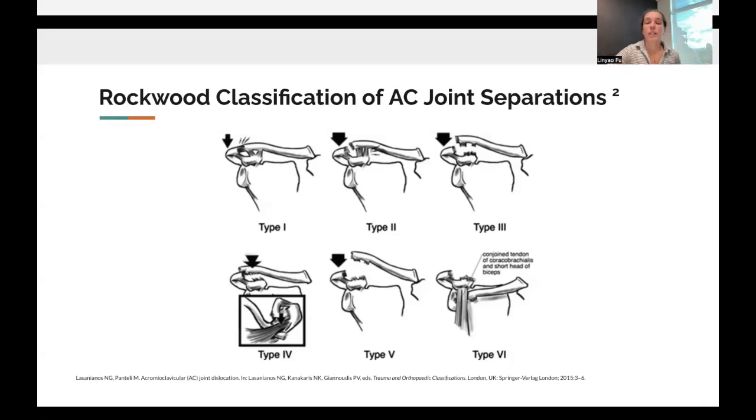Type 4 is similar, same disruption of both sets of ligaments, but this has a posterior translation. Type 5 has the same disruption, but with a marked superior translation. And then type 6 is an inferior translation where it goes into the subacromial space.